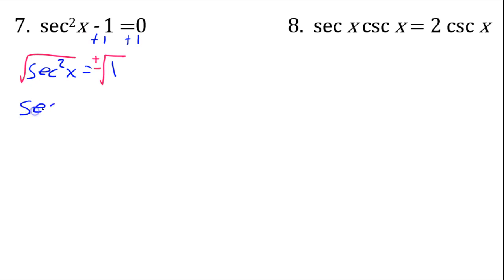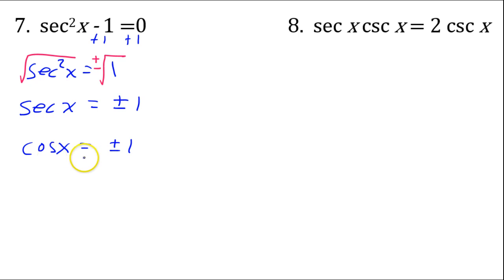Now I have the secant of x is equal to positive or negative 1. Since secant and cosine are reciprocals of each other, the cosine of x should equal plus or minus the reciprocal of this. But the reciprocal of 1 is still 1, so we're good.